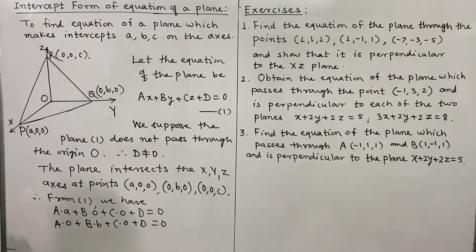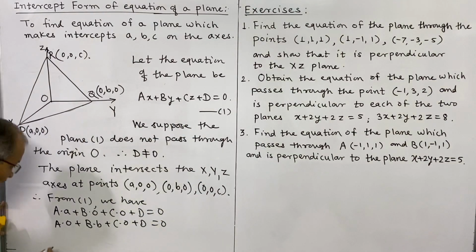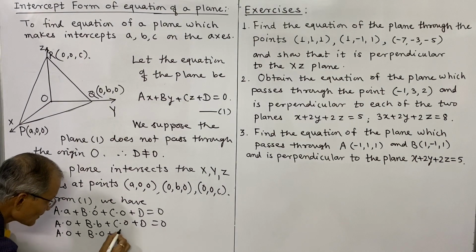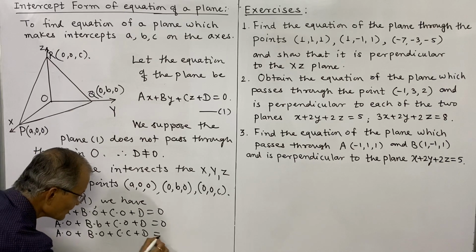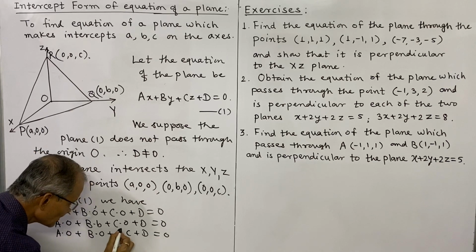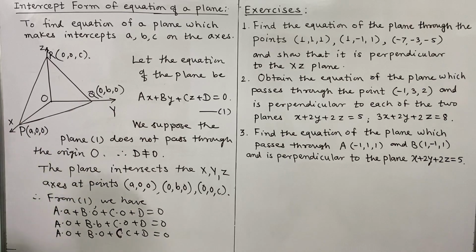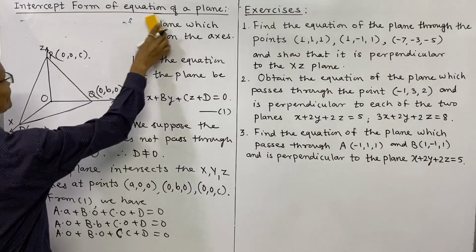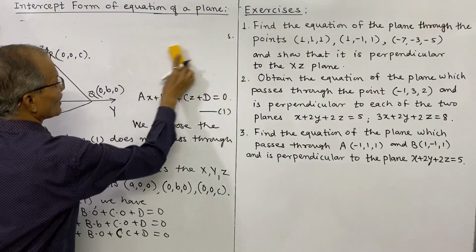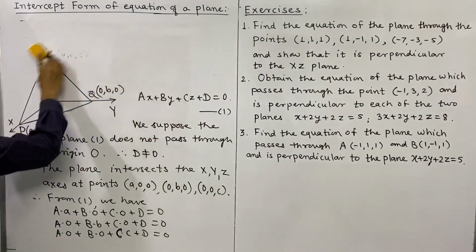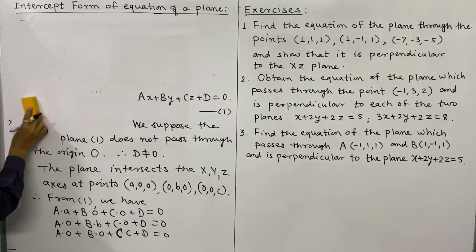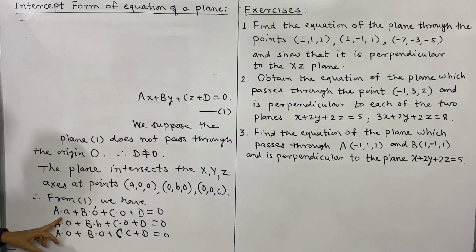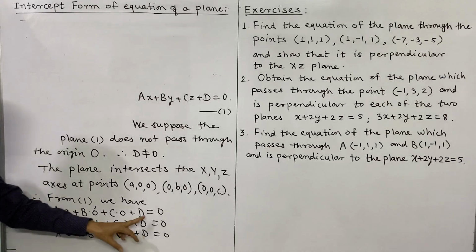And one more, this point is on 1, meaning capital A into 0 plus capital B into 0 plus capital C into small c plus d is equal to 0. This is capital C and this is small c. So what does this imply? This gives capital A into small a plus d is equal to 0.